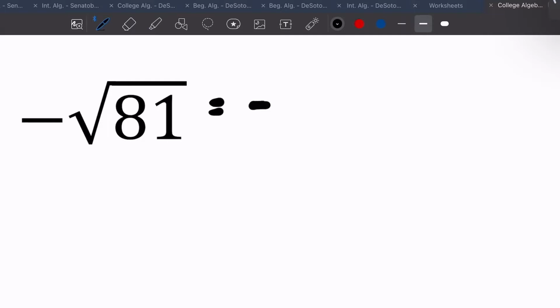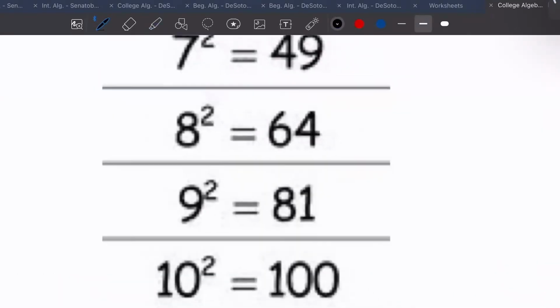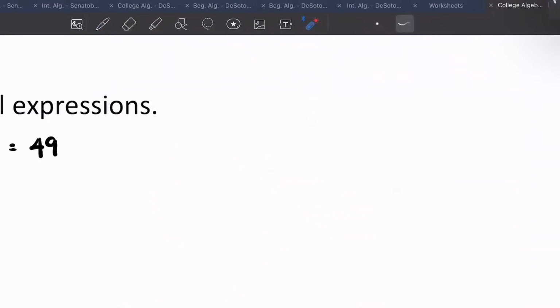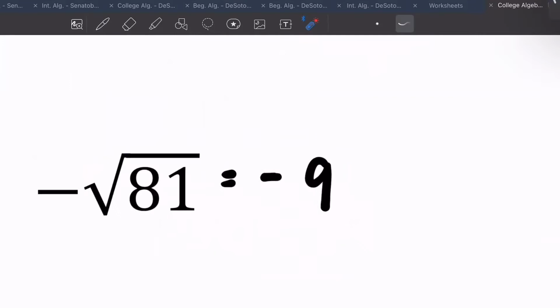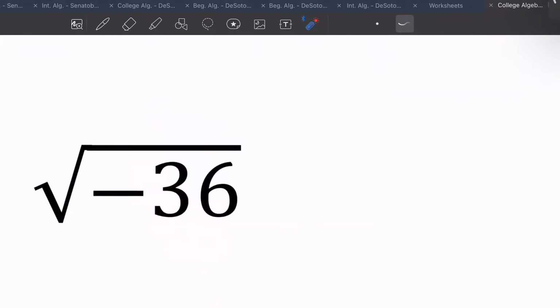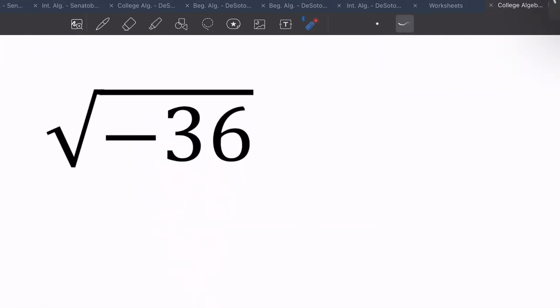The square root of 81 is 9 because, let's go up to our squares, there it is, 9 squared equals 81. So the square root of 81 is 9, and we're going to leave our negative sign there because it's outside the house.